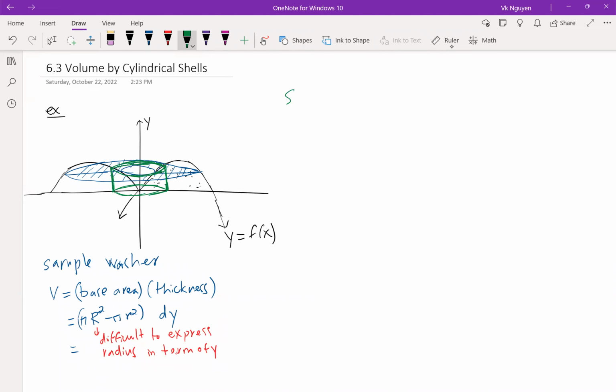Sample ring. A lot of people say sample shell. The volume of the sample shell is, as you can see, we can cut it out. Let's just cut it out, and it would look like this.